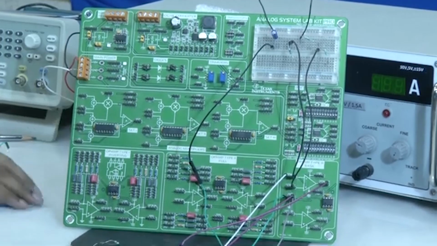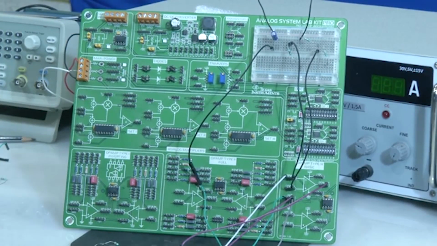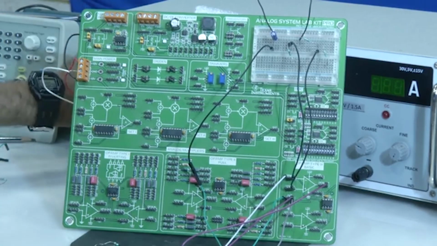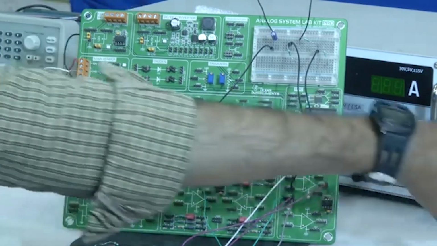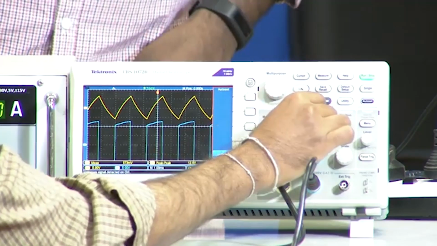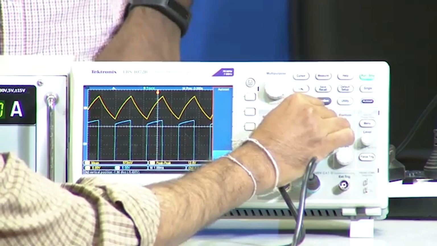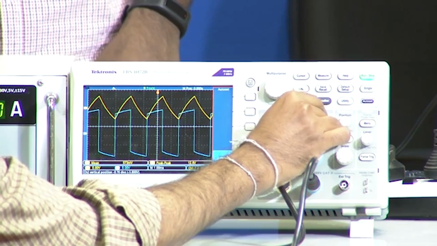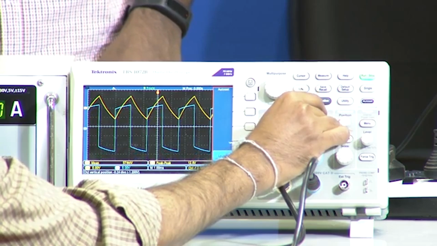Now, the circuit is ready. The only thing left is to switch on the oscilloscope as well as the power supply. So, we got input as well as output too. We will keep both in the same plane, so that it is easy for us to understand.